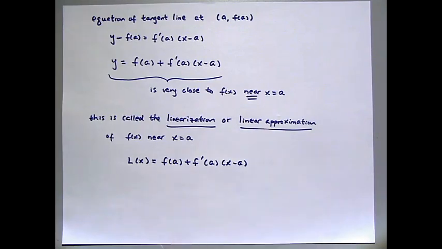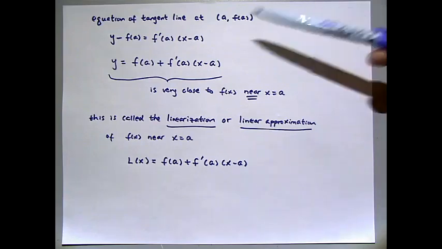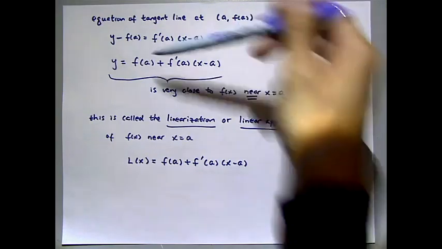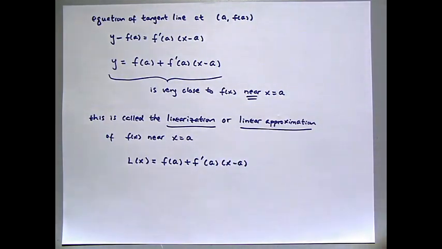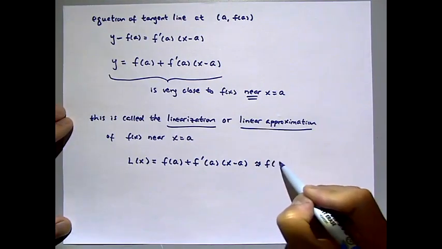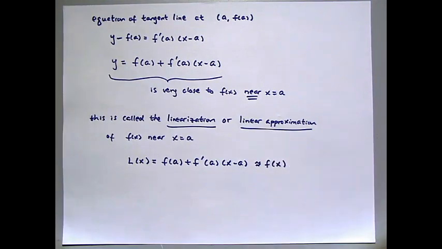Okay, instead of memorizing that formula, just remember where it came from. All this is the equation of the tangent line, which you've done many, many times. Write the equation of a tangent line, solve for y, and that's your linearization. And remember, this can be used to approximate the function f of x itself.